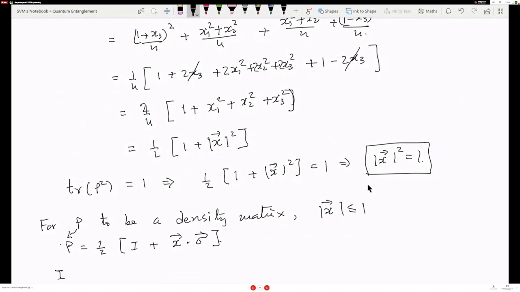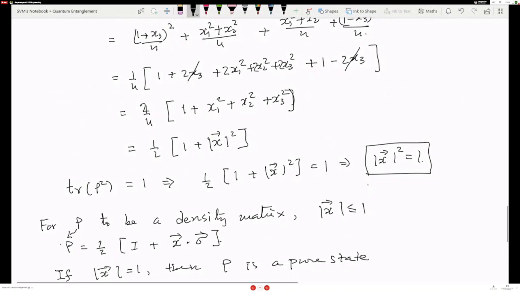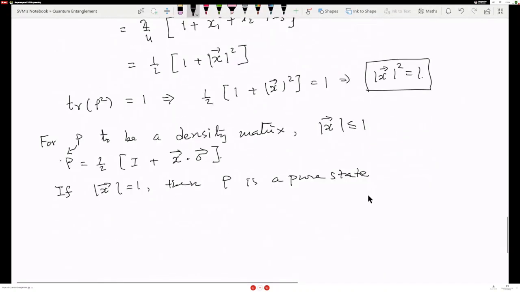And if modulus of x is equal to 1, then rho is a pure state. As we have discussed earlier, both pure states and mixed states can be represented by density matrices.